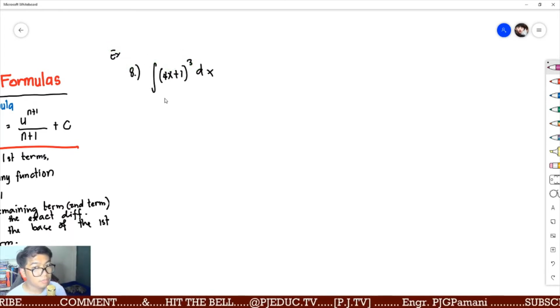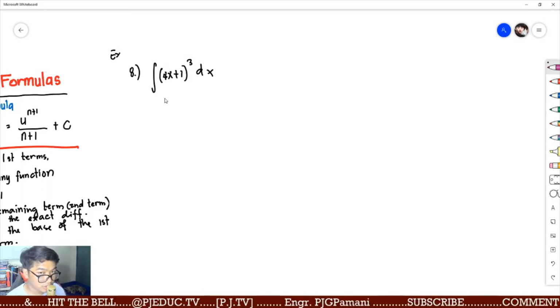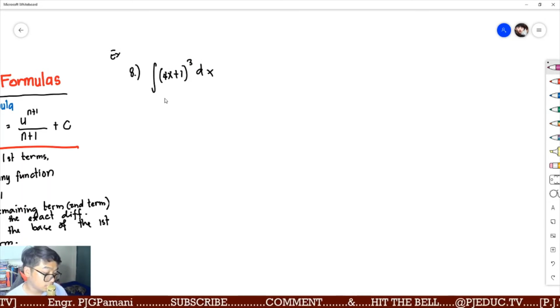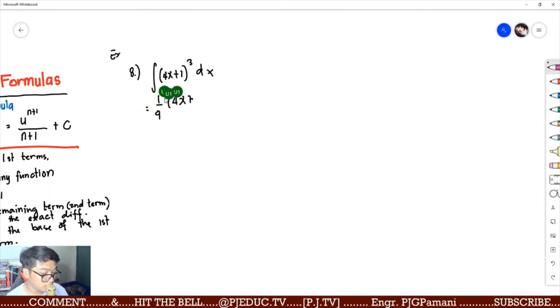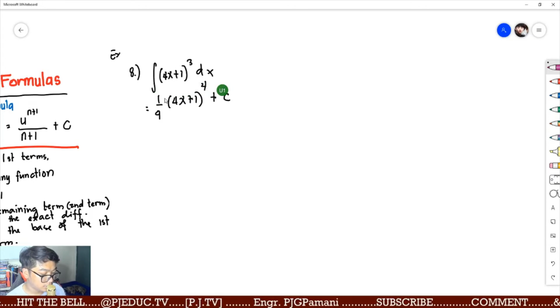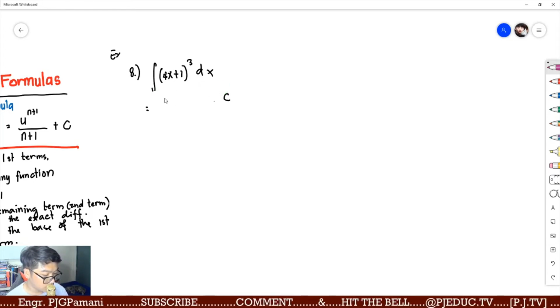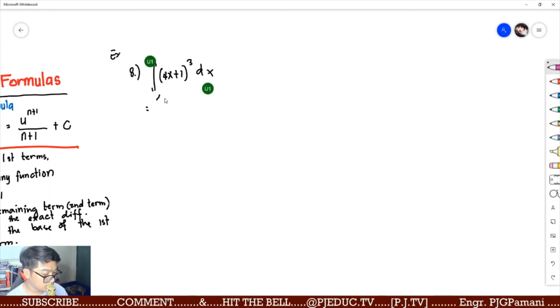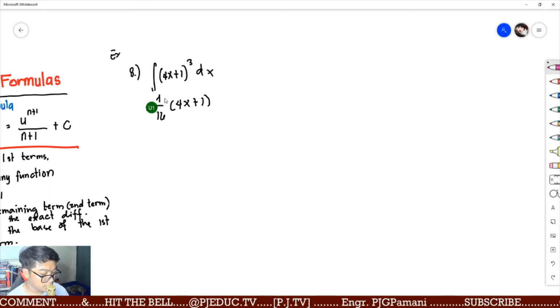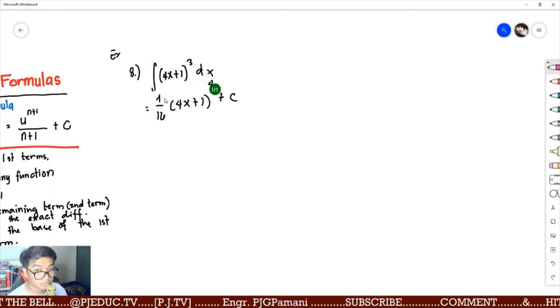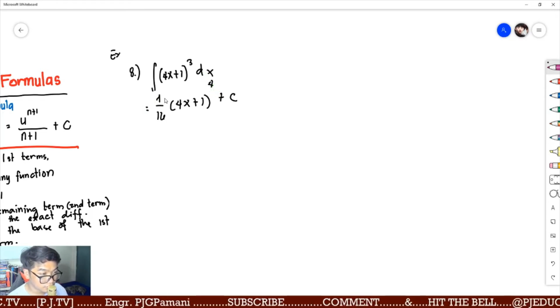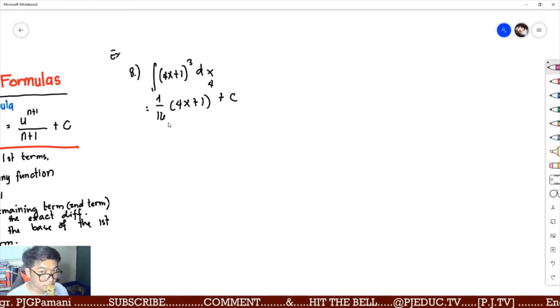By simply applying your knowledge in differential calculus as well as a general formula for power formula, you could easily solve this one as like 1/4 4x plus 1 raised to the 4 plus c. Di pala. Kasi meron tayong correcting factor. That is 1/16 4x plus 1 raised to the 4 plus c. Okay? Alam niyo kung saan nakuha yung 1/16?